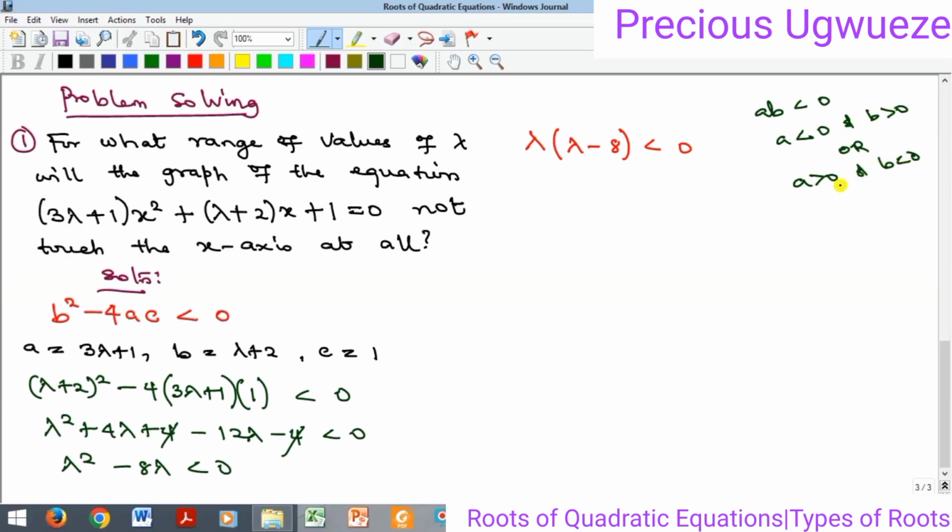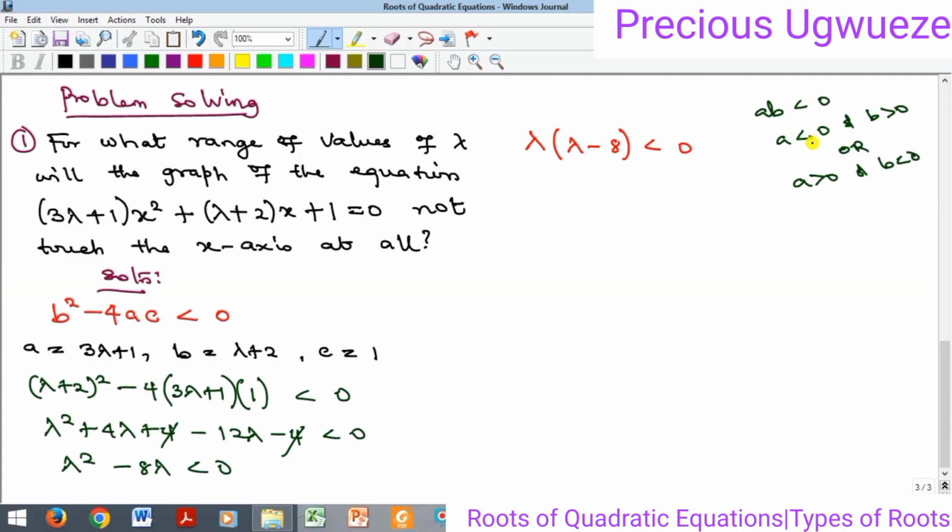That is, if you have a product of two numbers, for it to give you a negative number, one of them must be negative. If both of them are negative, then you will not have a negative number. And if both of them are positive, you will never have a negative. For you to have a negative, one must be negative.